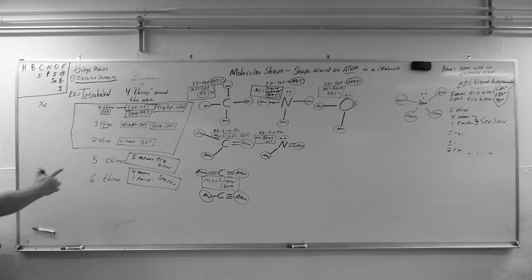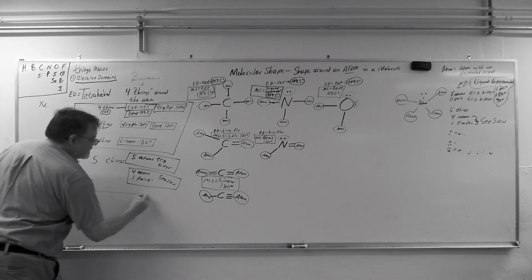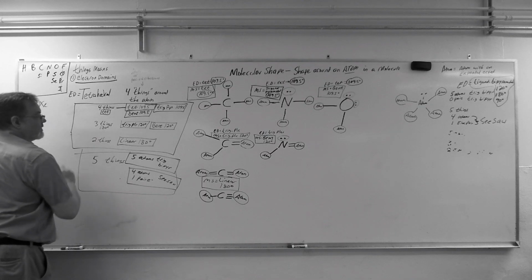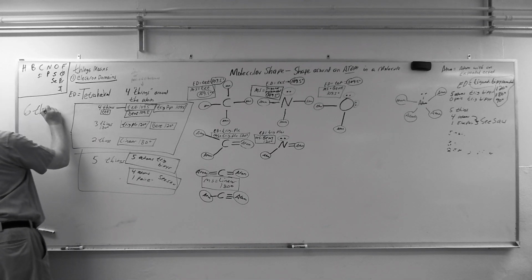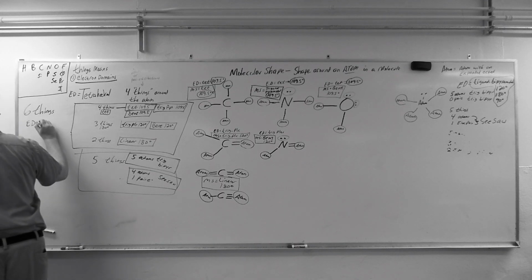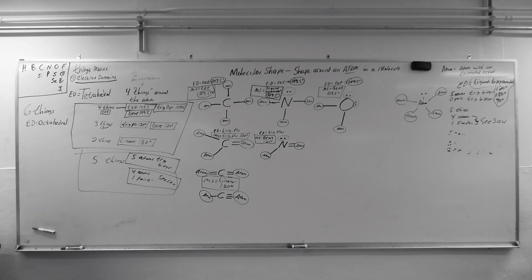The last one, 6 things. 5 things together, I'll do 6 things here. The general electron domain name for that is octahedral.